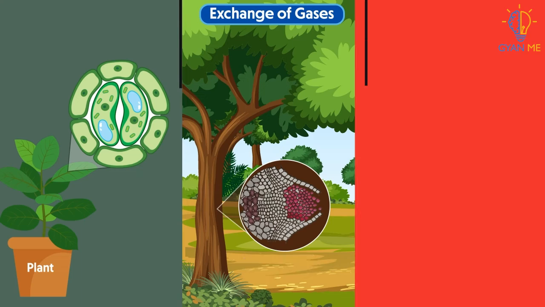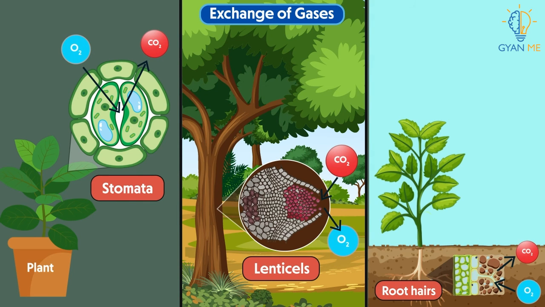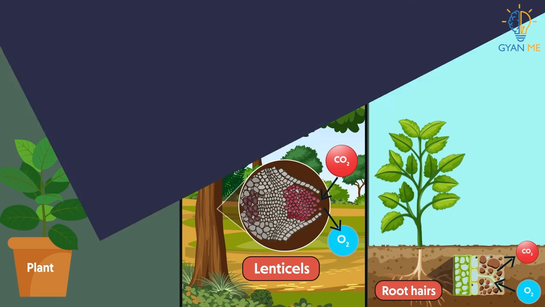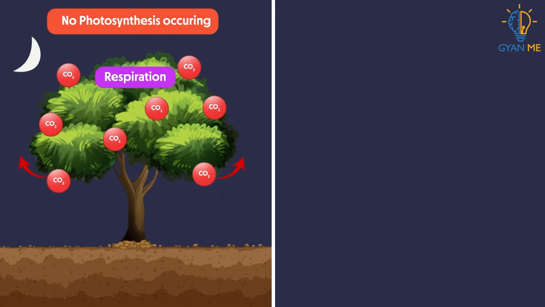So all throughout the video, we have been talking about diffusion or exchange of gases. The direction of diffusion depends upon the environmental conditions and the requirements of the plants. For example, at night, when there is no photosynthesis occurring, carbon dioxide release is the major exchange activity going on.